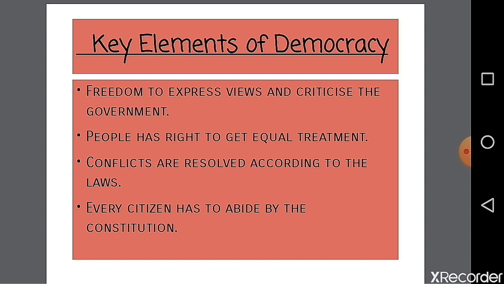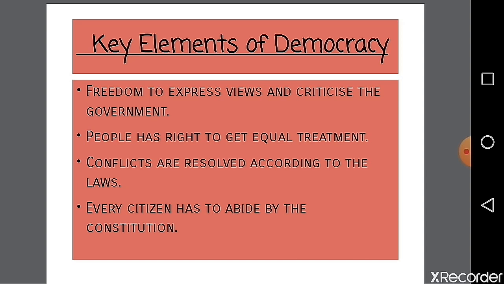It can either be positive or negative. I'm not saying that you have to express only positive views or only negative views. It is not like that. We have chosen our government. Now we have the right. We will praise the government or we will criticize the government.